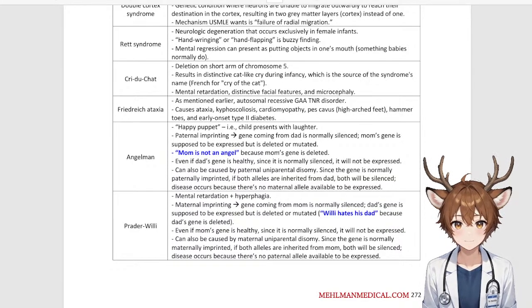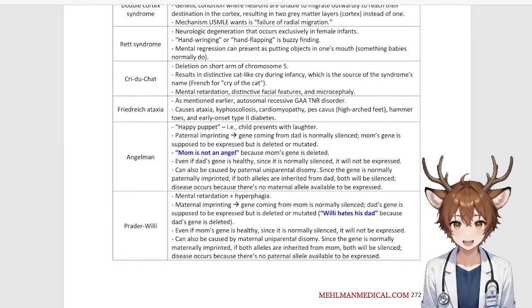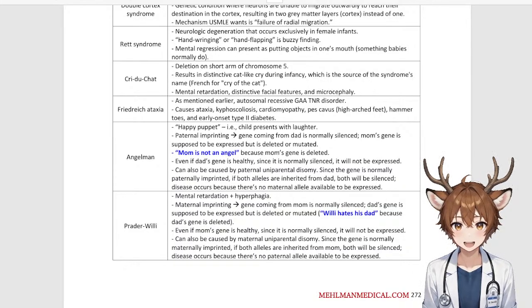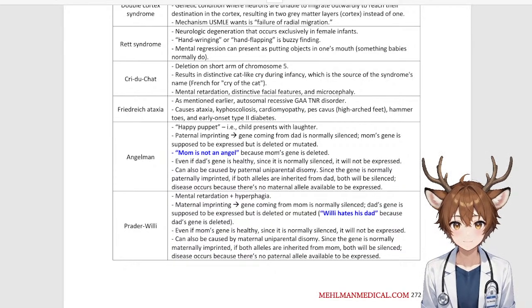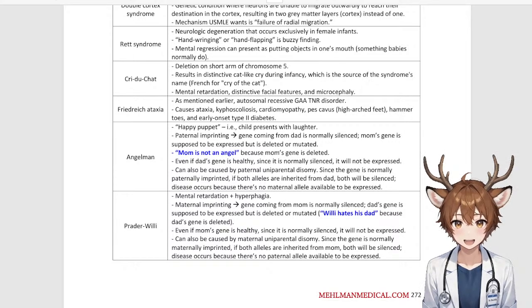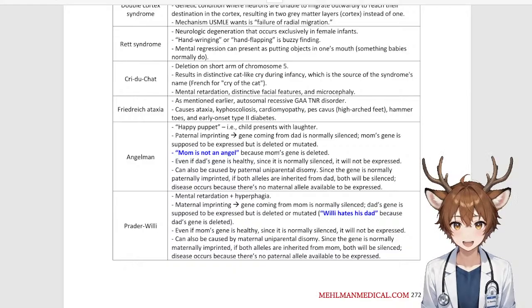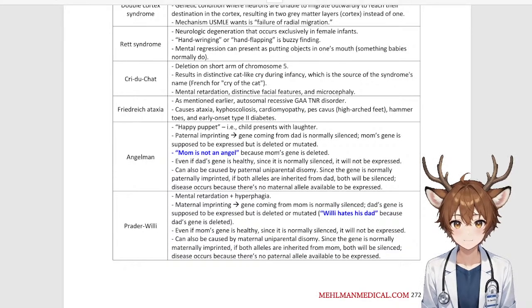Oh, weird. Okay, I see what you're talking about. Because it's silenced, it's not going to be expressed. It can also be caused by paternal uniparental disomy, since the gene is normally paternally imprinted. If both alleles are inherited from the dad, both will be silenced. Disease occurs because there is no maternal allele available to be expressed. How weird.